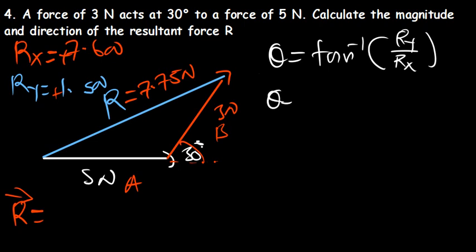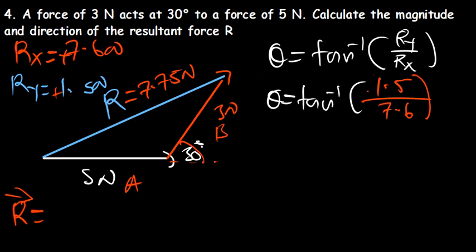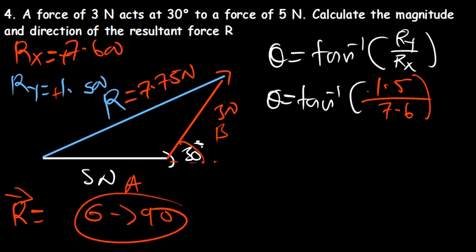So theta will be equal to tan inverse of Ry divided by Rx. The Ry is 1.5 and the Rx is 7.6. One thing we have to understand: since the angle falls in the first quadrant, the angle will be between 0 and 90. If we find that the angle is out of this range, then that is not the answer. Then you have made a mistake somewhere.